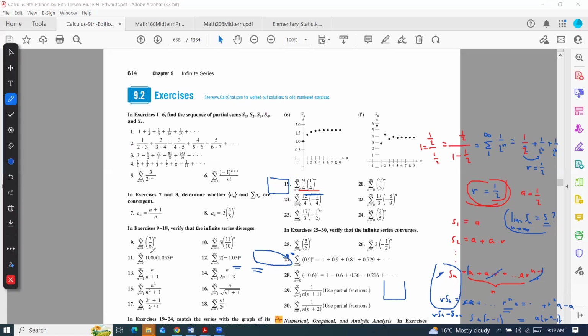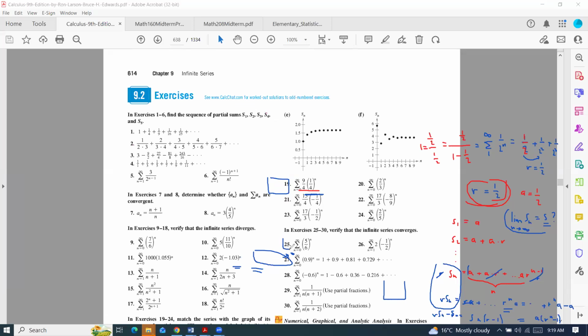Let's say I try something like exercise number, let me try one with, see, these are all divergent. I need to get convergent, ratio less than 1, like exercise 25 here. Notice that the first term of this series is going to be when n is equal to 0.